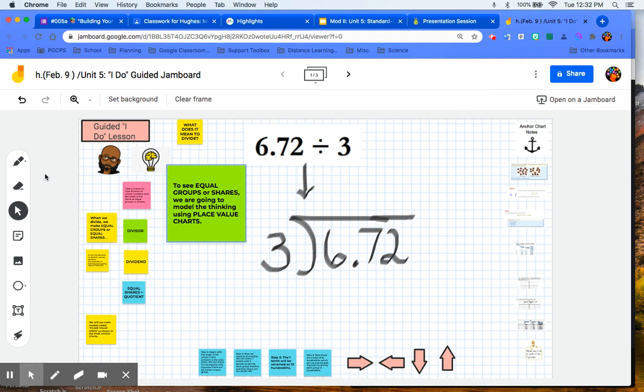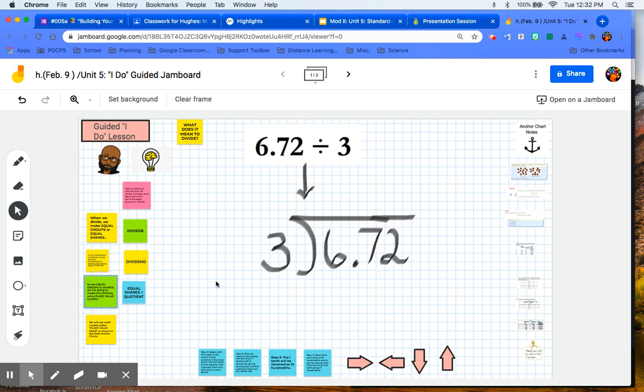Mr. Hughes is very key on making sure his math masters understand the importance of place value. Each number and where it is placed is important, not only in adding, subtracting, and multiplying, but also in division. I also want you to understand that when you're dividing, it's important to know what the words in math mean for division.